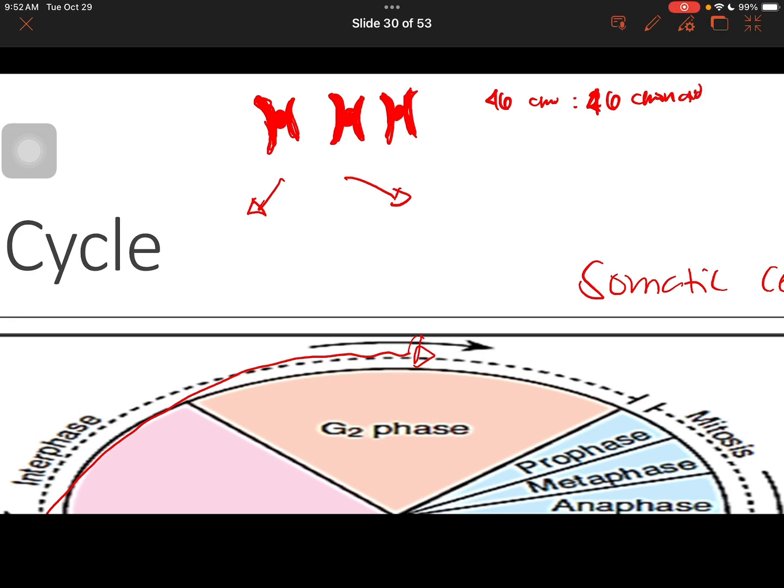Since during interphase the chromatids replicated, we still have 46 chromosomes, while the chromatids, 46 times 2, will be 92 chromatids. Okay?